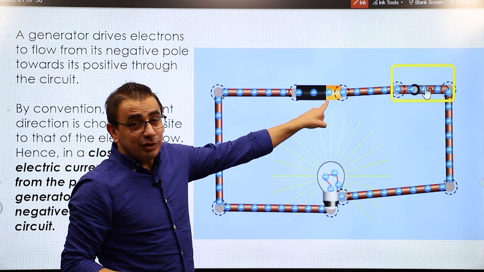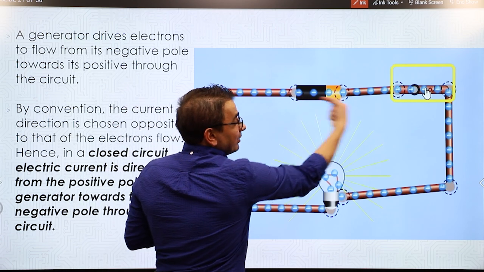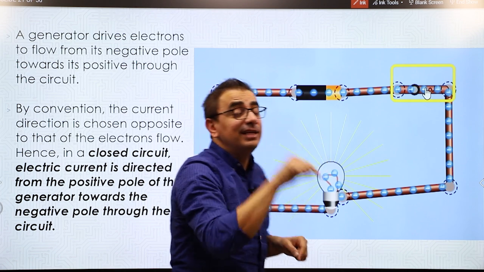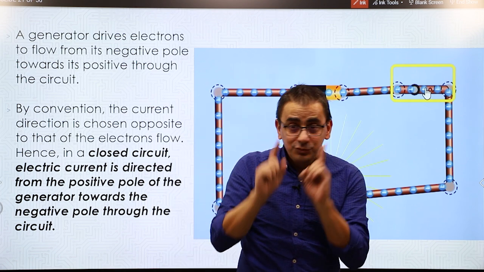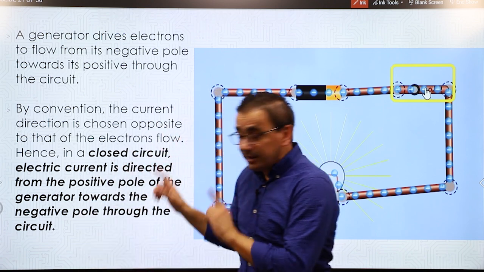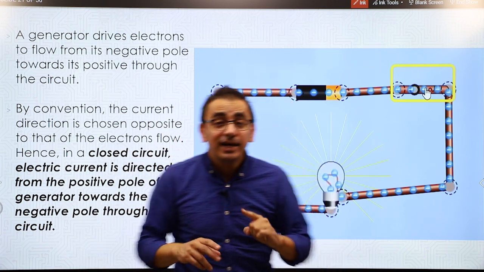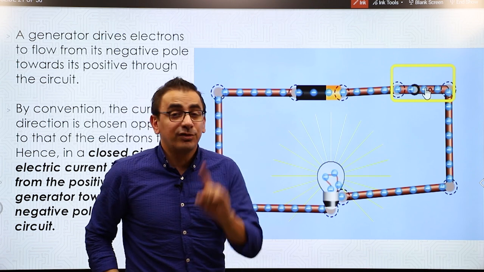Now, if you continue the motion of these electrons in the battery, they moved like this, from plus to minus in the battery. That's why it's always important to mention that electrons flow in a certain sense, or current in the circuit is directed from positive to negative through the circuit, not through the battery.